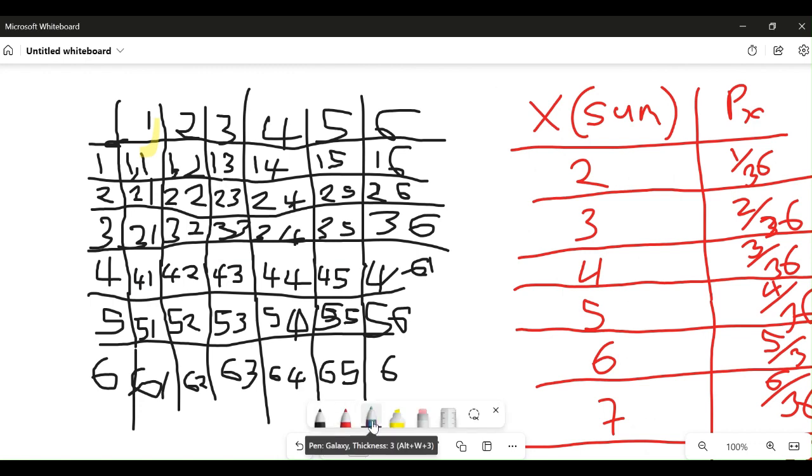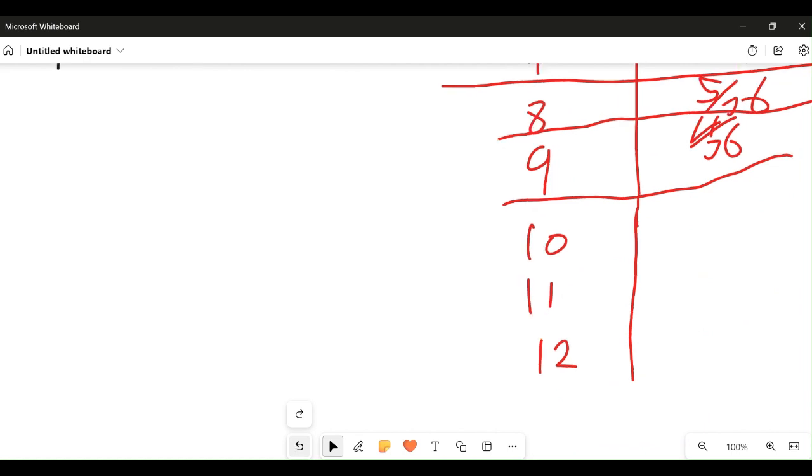We have 4 and 6 to be 10, 5 and 5 to be 10, 6 and 4 to be 10. So total possible here we have 3. So the probability of having the sum of 10 is 3 over 36.